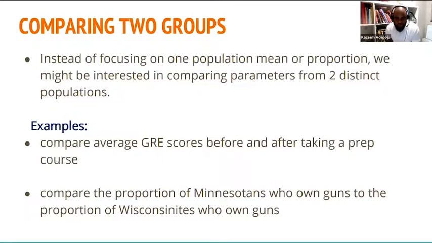Okay. Now, if you take a look at the example here, compare the average GRE score before and after taking a prep course. This is actually the paired observations that we did on Monday, because the GRE score before and after uses the same students, the same subjects.